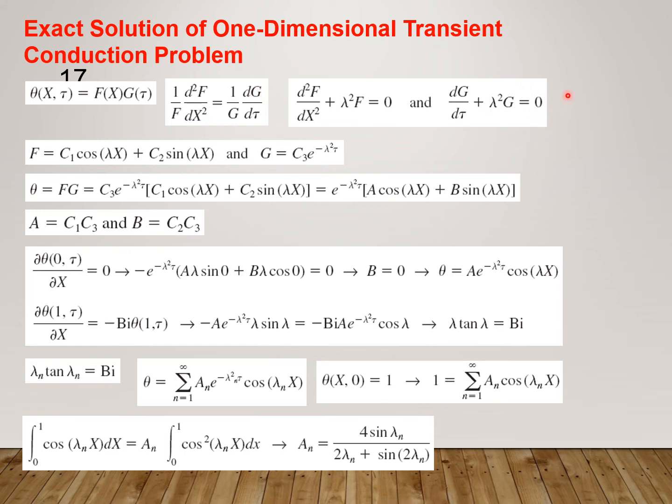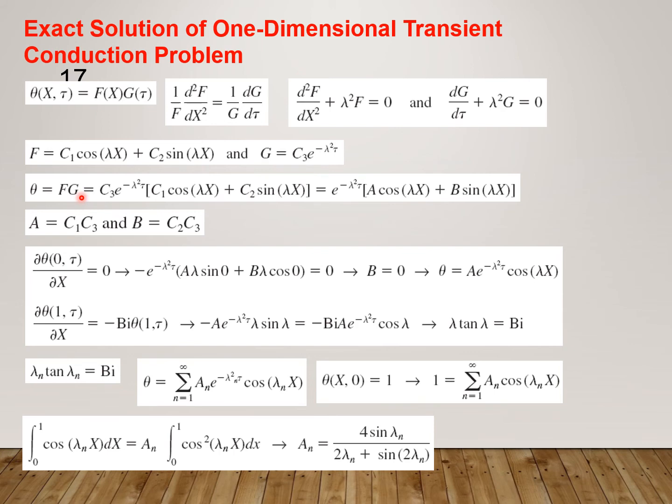This part is related to maths in the linear equation chapter. So f is equal to c1 cos lambda x plus c2 sin lambda x, and g is equal to c3 e to the power minus lambda square tau.